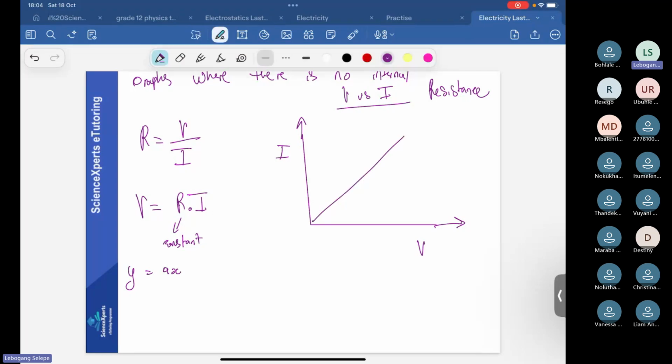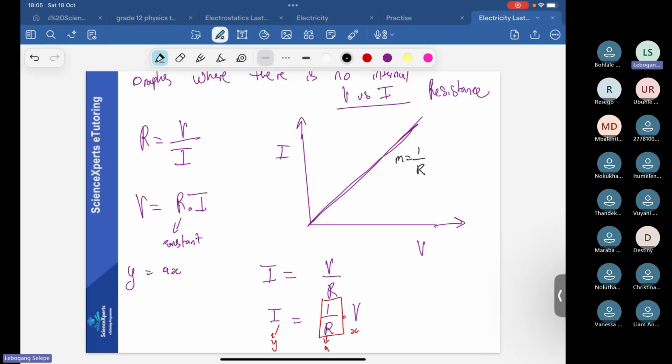It would still be a graph that looks like this, but now our graph would be I equals V over R, so I equals 1 over R multiplied by V. So this would be our Y, this would be our constant A, this would be our X. So the gradient of this graph would be 1 over R if they plot a graph like this. So just showing you what they can do in the exam just to confuse you.